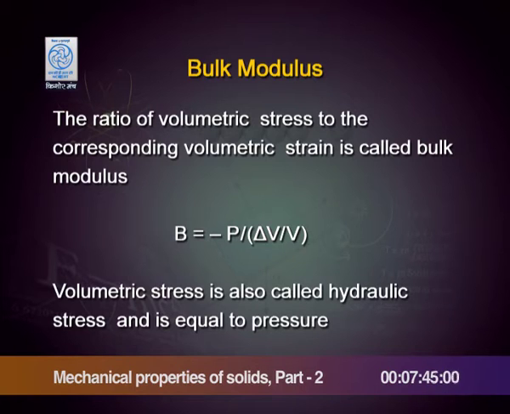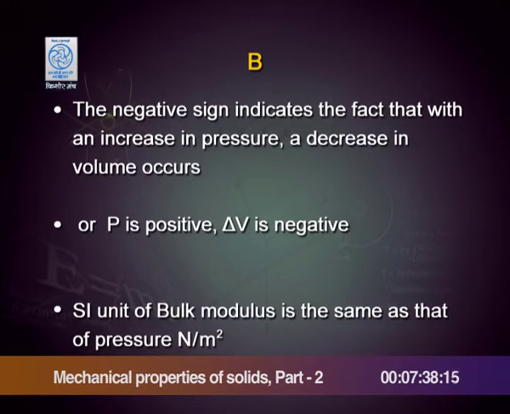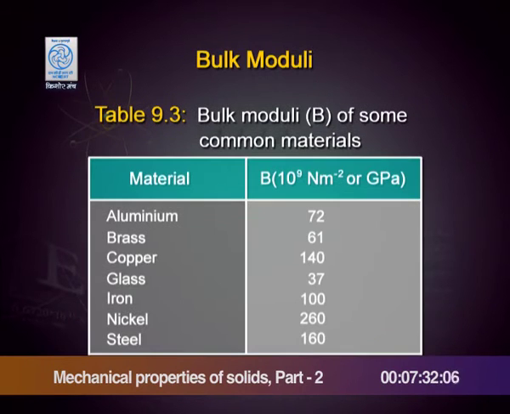The rest of it does not change very much, and this value is given in terms of Newton per meter square, and it also has the same dimensional formula. Bulk modulus of some of the materials are given: aluminum, brass, copper, same as those in the earlier list, including steel.